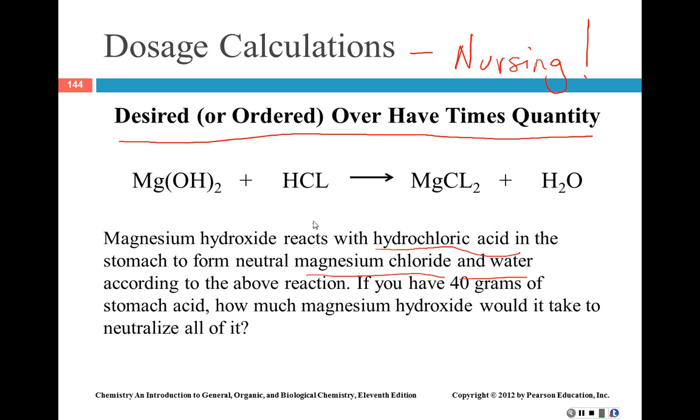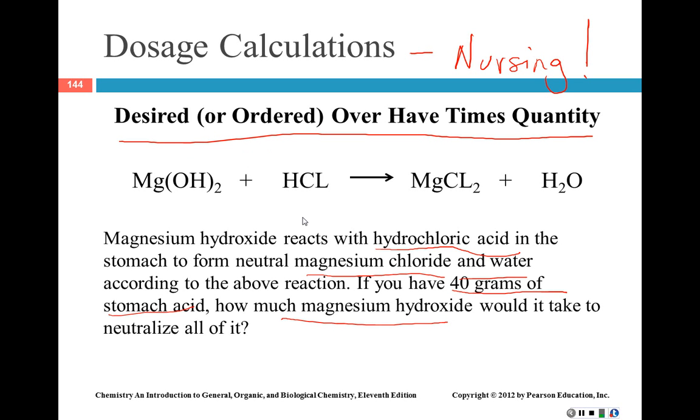This is the reaction that it's going to use. This one's not balanced yet, but I'll balance it for you. If you have 40 grams of stomach acid, how much magnesium hydroxide would it take to neutralize all of it? This is a neutralization equation.